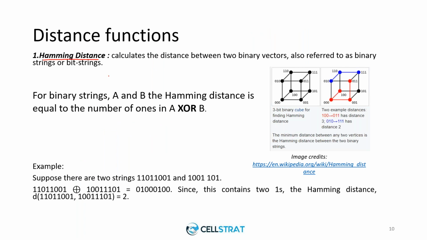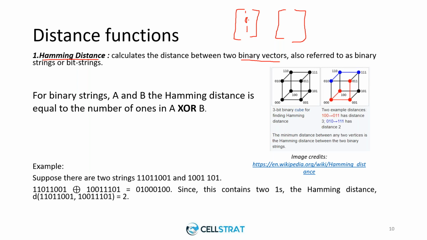So what is Hamming distance? Hamming distance calculates the distance between two binary vectors. Remember, you are calculating the distance between two binary vectors. So you have two vectors, and you assume that those are binary, like ones and zeros.